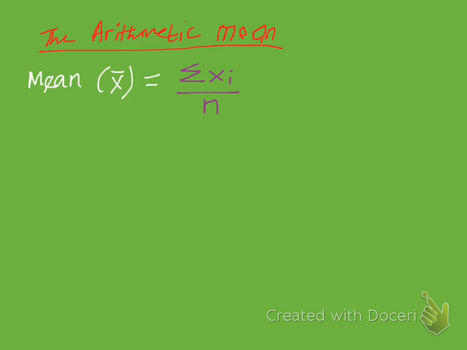Sum of xi is all the x's, x1 up to xn, all the numbers or elements of a distribution, over n, which is the total number of elements in a distribution. To further write this, you can see x1 plus x2 up to xn over n. I hope this explains the mean further. If you don't really get it, let's move to an example.